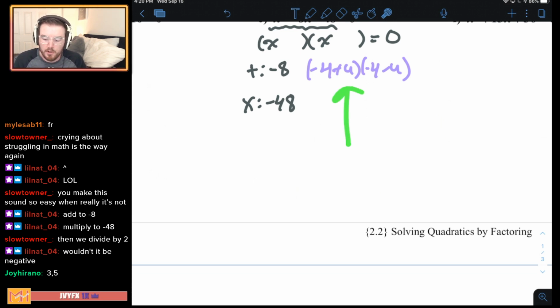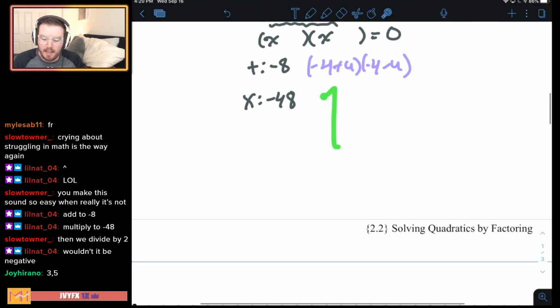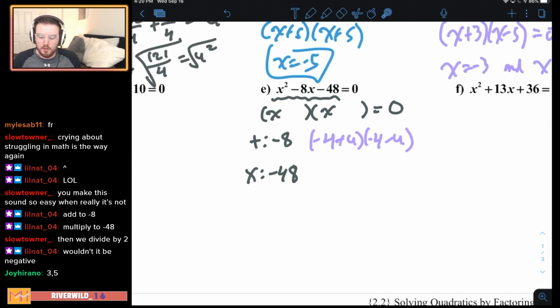That's essentially what we're doing. We're forcing the average of these two numbers to be 4. Everything follows that pattern. Okay? All of those numbers follow that pattern. We're adding a little bit, subtracting a little bit. Okay?